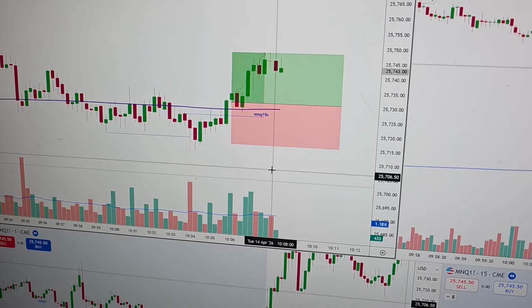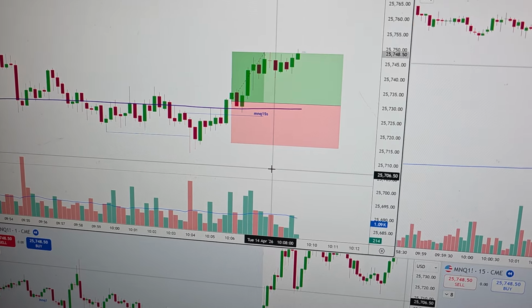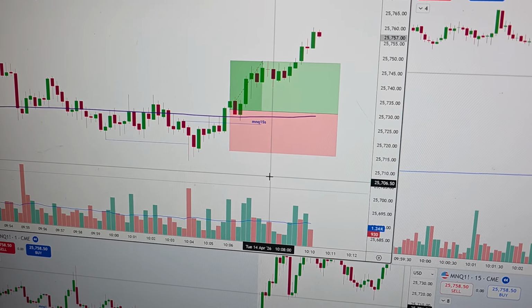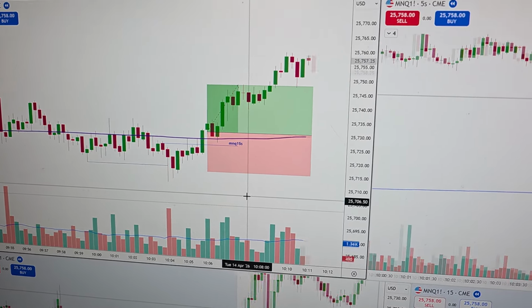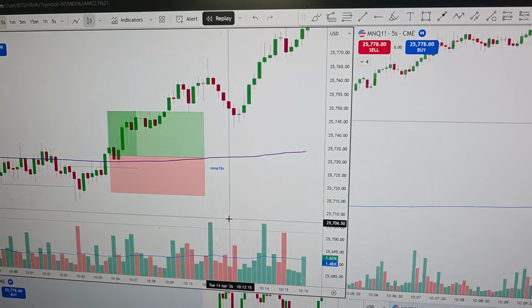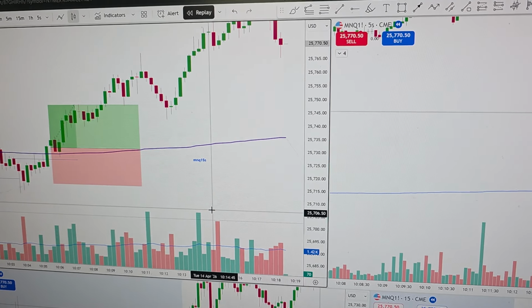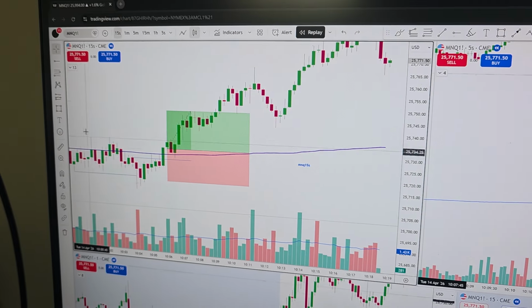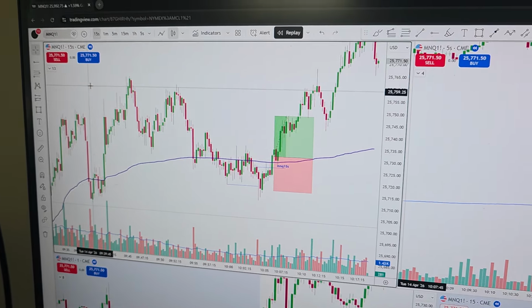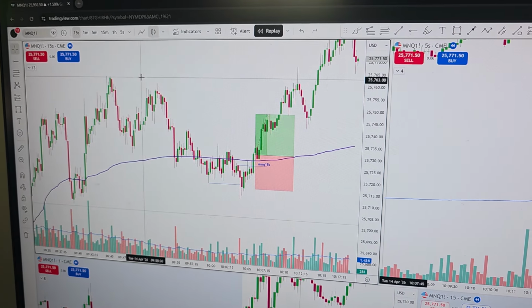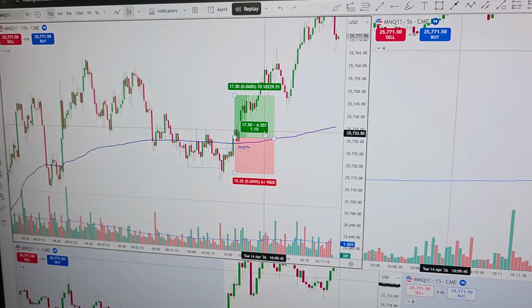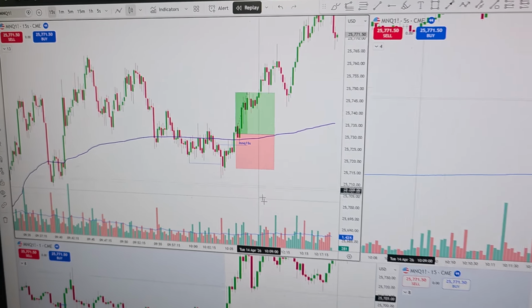Okay, goes to target. And actually goes to draw on liquidity even. So that's the New York Open.